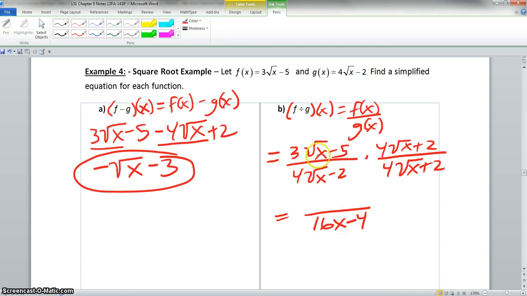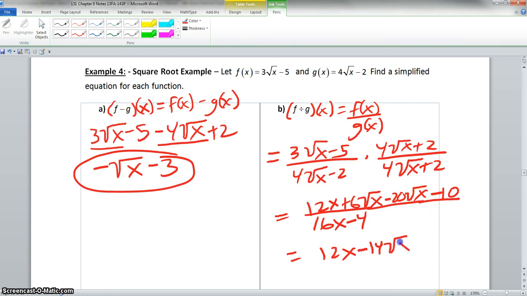Now for our numerator, 3 square root x times 4 square root x will give us 12x. 3 square root x times 2 will give us a positive 6 root x. Minus 5 times 4 root x will give us a minus 20 square root x. And minus 5 times 2 is minus 10. So we add 12x. 6 times the square root of x minus 20 square root of x is minus 14 square root of x minus 10. All over 16x minus 4.